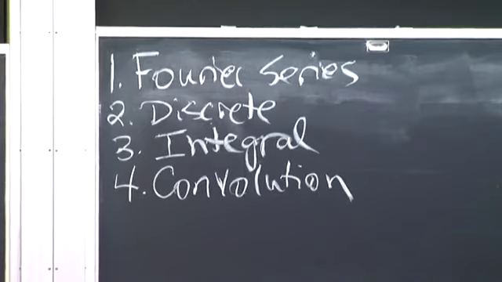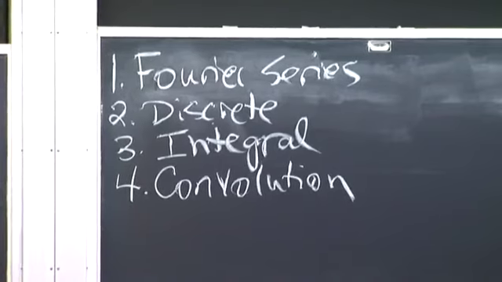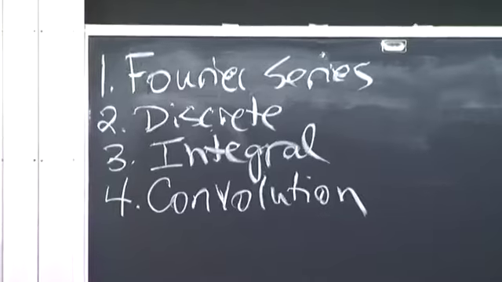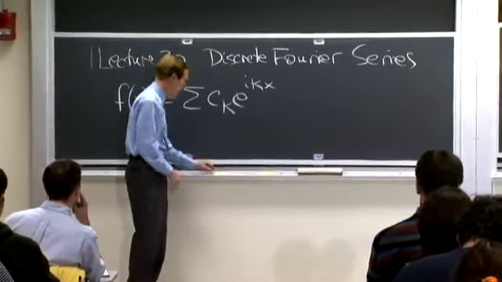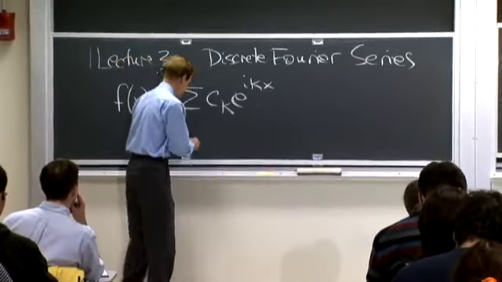But I want to pick up now on the second key example, which is the discrete Fourier series that has only n terms. This series, as you're looking at it, has infinitely many terms, but I'm going to cut back to n terms.